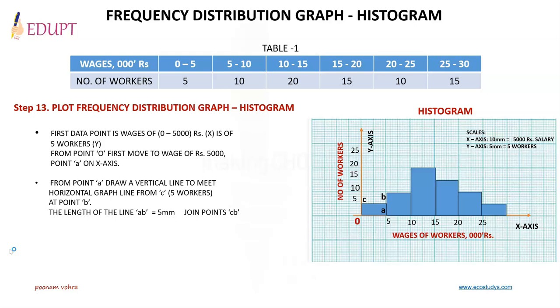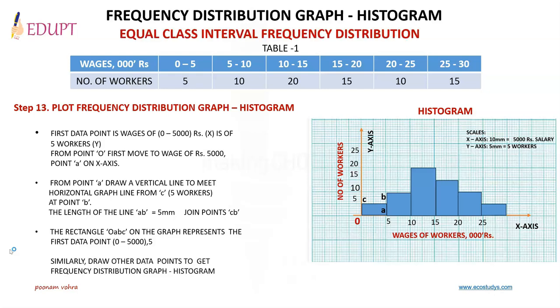One can, after joining CB, the rectangle OABC on the graph presents the first data point 0 to 5,000 and 5 workers. Similarly, one can draw other data points to get frequency distribution graph, which is histogram.